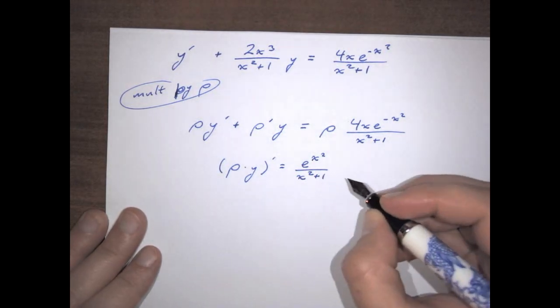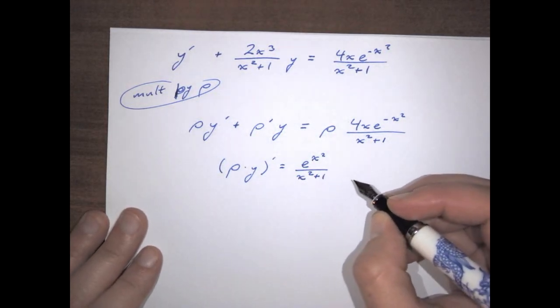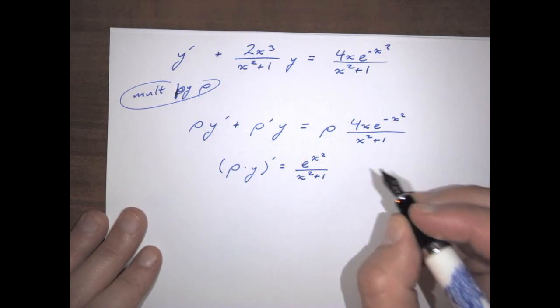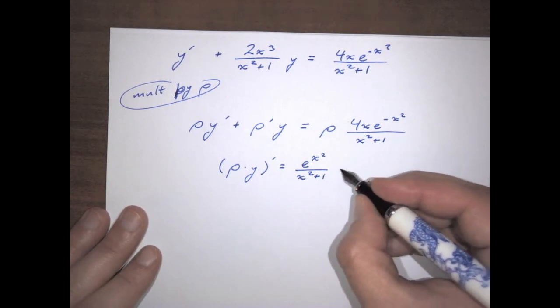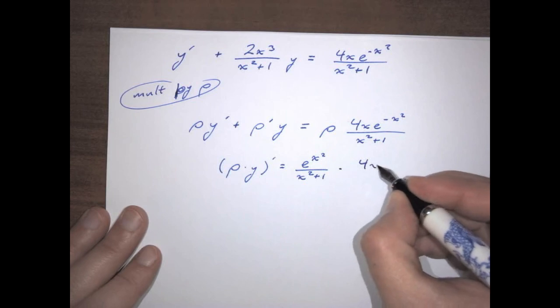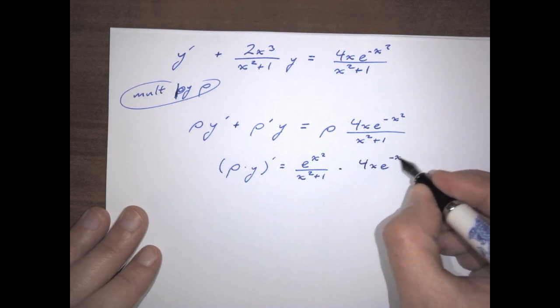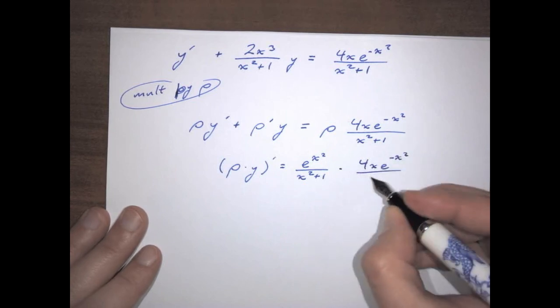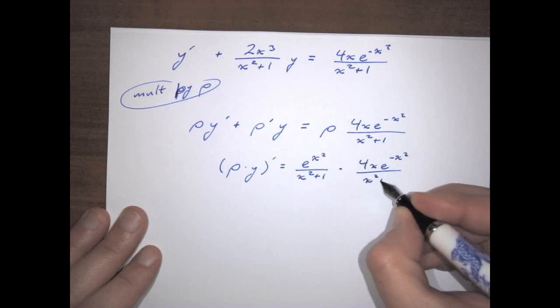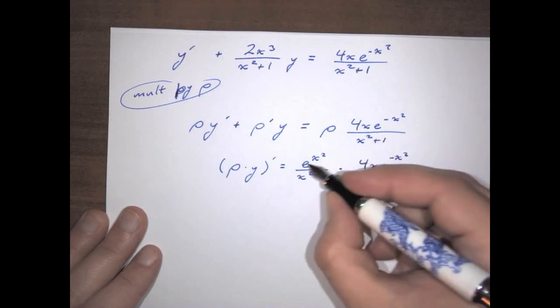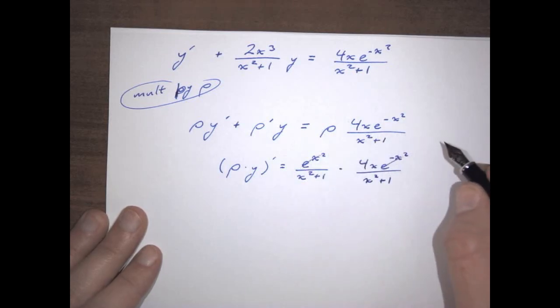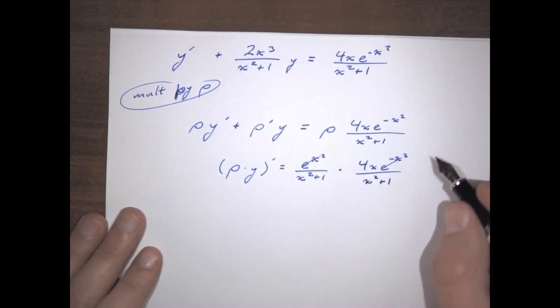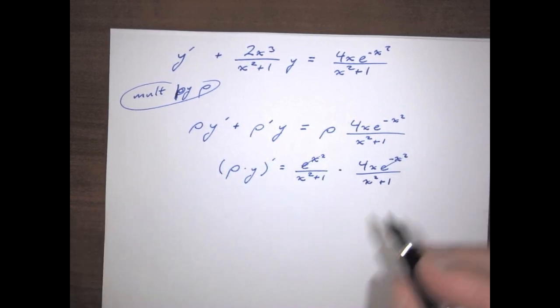And so what we're going to have here is going to be multiplied by 4x e to the negative x squared over x squared plus 1. And what we have here and here are going to cancel each other, which is always a very lucky turn of events.